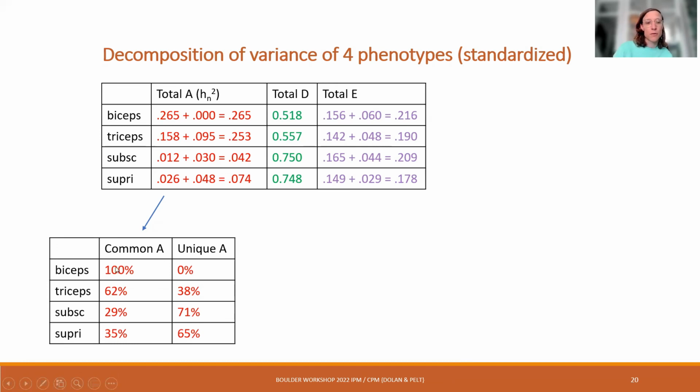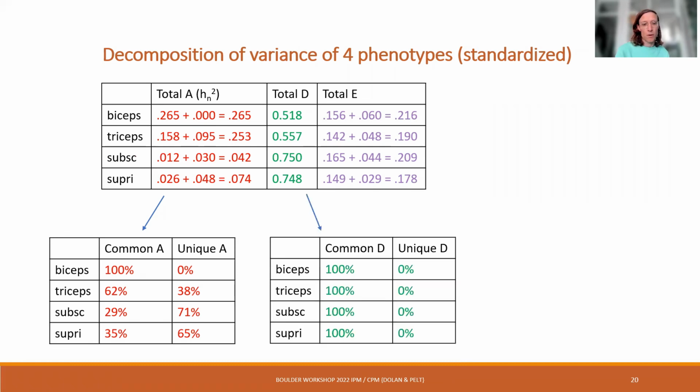So here, of course, the additive genetic effects are fully, 100%, due to the common factor. For triceps, if we divide 0.158 by 0.253, we see that 62% of the additive genetic variance is due to the common factor and 38% due to its unique factor.